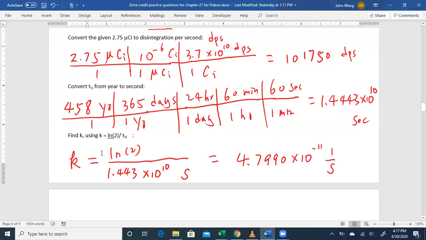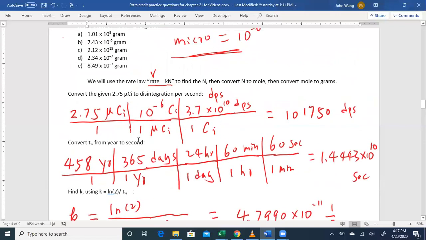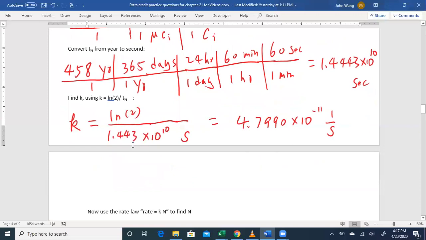Okay, now basically we have everything we need to find the number N in this equation. We know what K is now, so N will be our unknown. So let's do that.